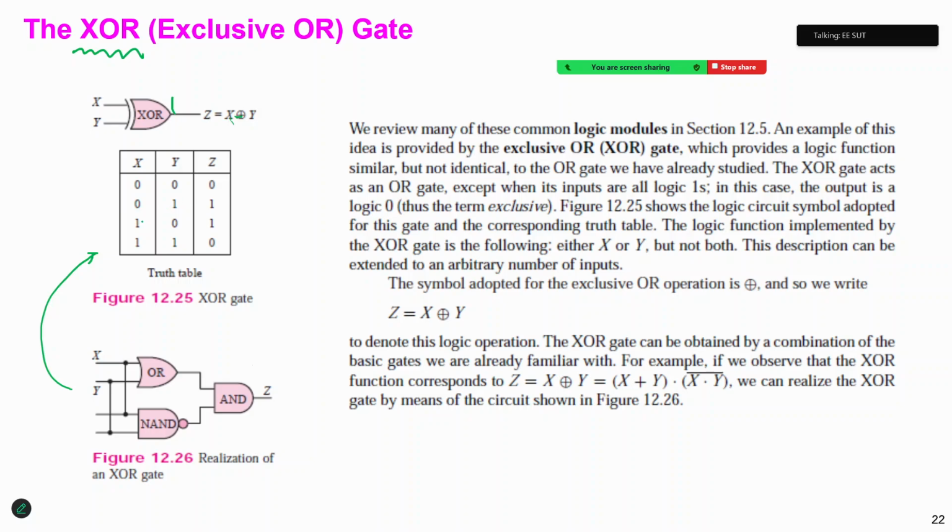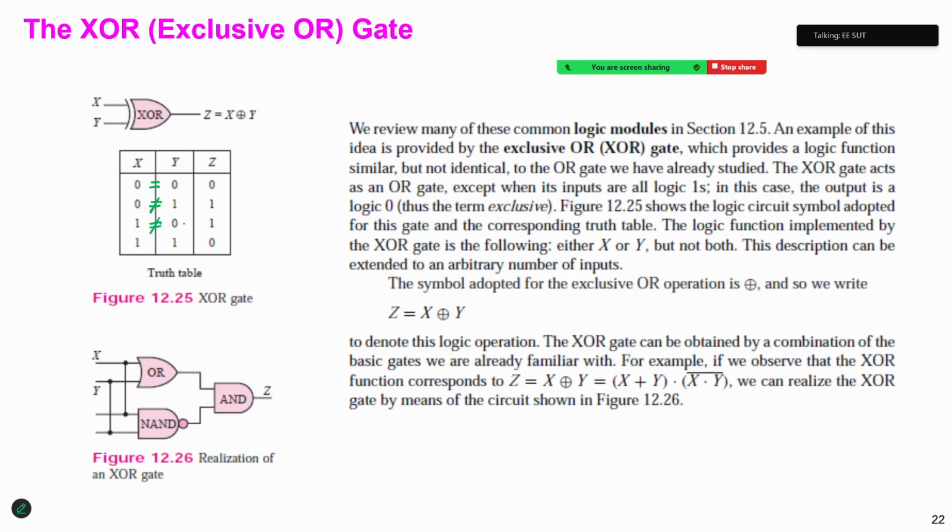If x is 1, y is 0, this is 1. If it's 1 and 1, we get 0. It means that if x and y are different, if x is not equal to y, the output is 1. If x is equal to y, the output is 0. So in this case, if equal, the output is 0. If not equal, the output is 1.